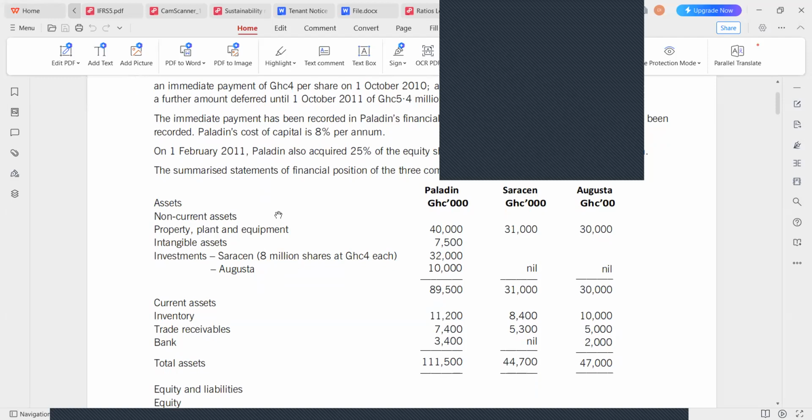Please, if you see investments, and if they mention any of the subsidiary or the associate, we don't consolidate such investment. But where they've not mentioned their names, you must consolidate them. If the names are not mentioned, they only say investments, we need to consolidate and later eliminate the consideration paid by parent.